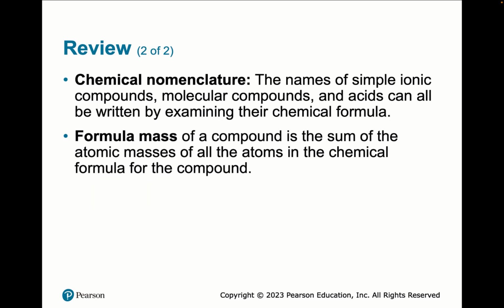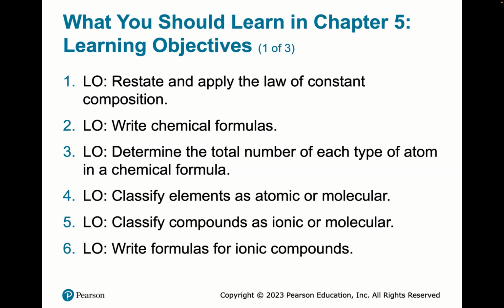Chemical nomenclature, we talked quite a bit about naming, and we ended with formula mass very briefly. Now that you know how to name things, you can see how figuring out the number of each of the elements, multiplying by the atomic masses, which are found in the bottom number of the periodic table for each element, tells you the formula mass of the entire compound. And that's going to be important when we talk about moles.